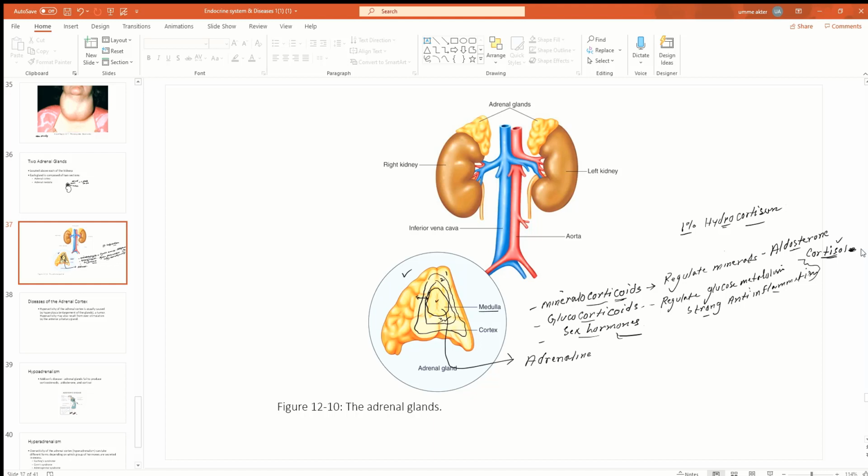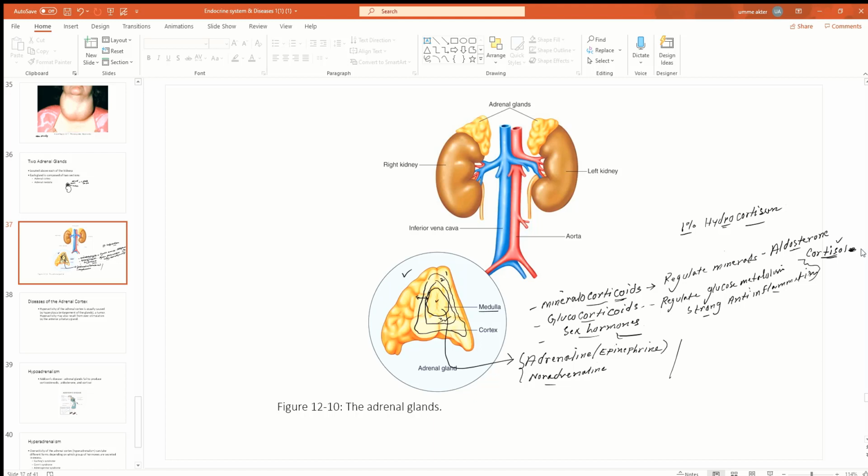Probably you have heard, and noradrenaline. Their action is very similar. One is called adrenaline, another is called noradrenaline, also called epinephrine, norepinephrine.